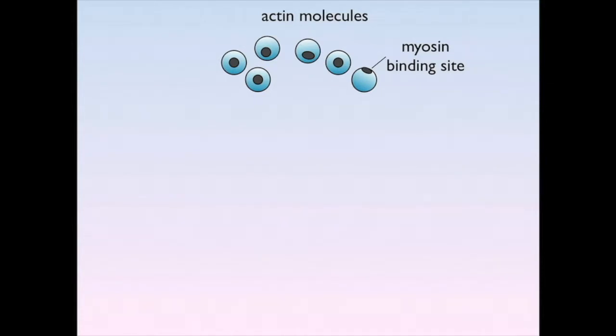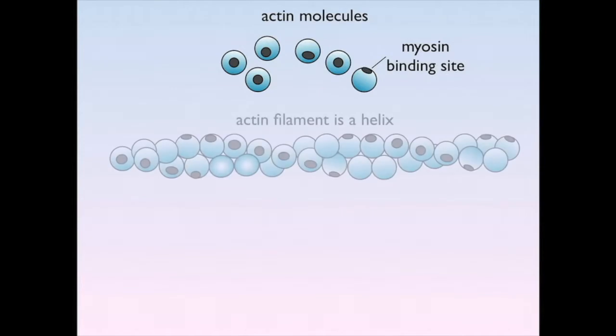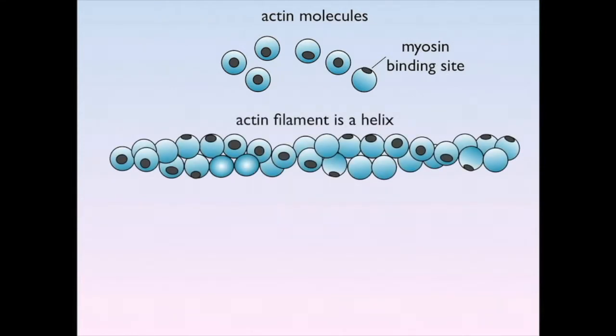Each actin molecule also has a binding site for myosin, as shown as the black region on each of the molecules. The molecules aggregate or polymerize to form an actin filament. The filament has a helical form, sort of like a pearl necklace, in which the necklace is twisted to form the helix.